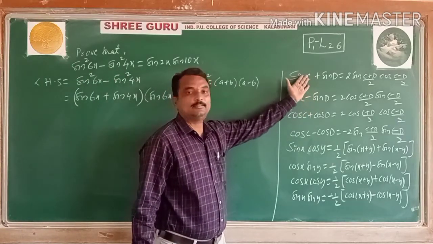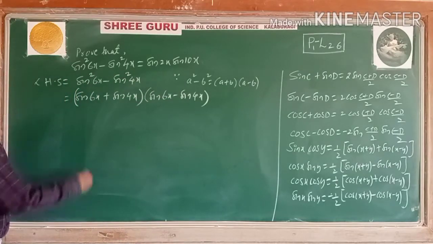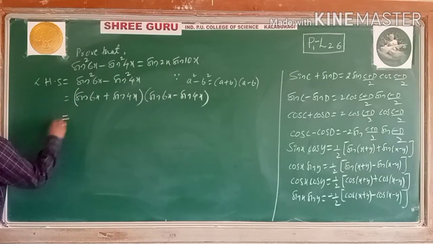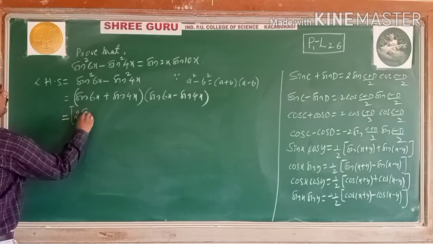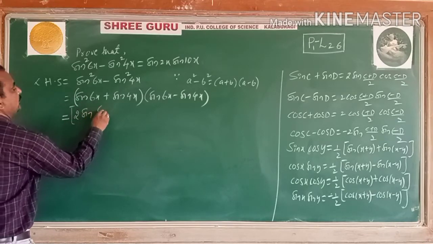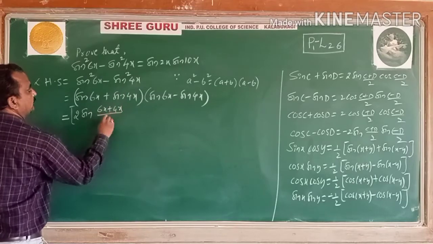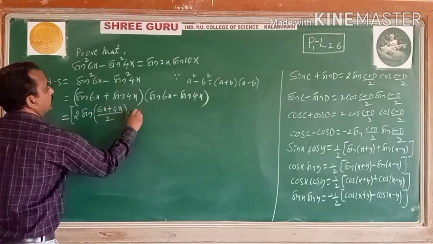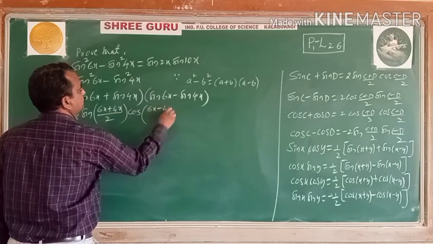You have the formula for sin c plus sin d and for sin c minus sin d. Let us apply the formula here. First sin, 2 times sin of c plus d by 2 into cos of c minus d by 2, where c is 6x and d is 4x.